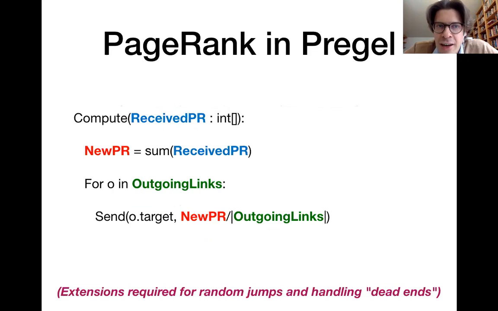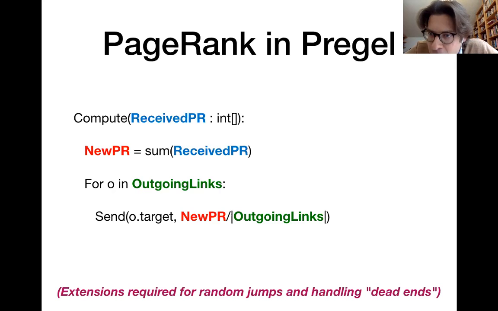The way you would represent PageRank in Pregel, at least a simplified version, is what you see here. We essentially have to implement the compute function that will be invoked for each node and each iteration. Here, the incoming messages correspond to packages of a PageRank value. This is the variable marked in blue here, received PageRank.